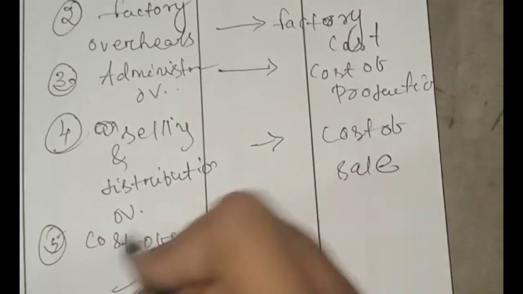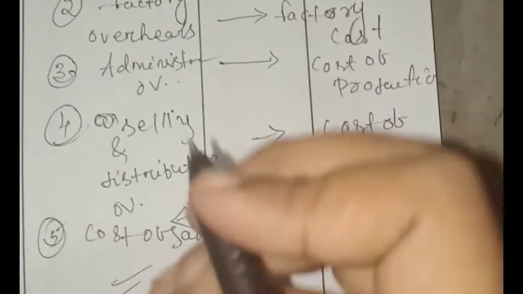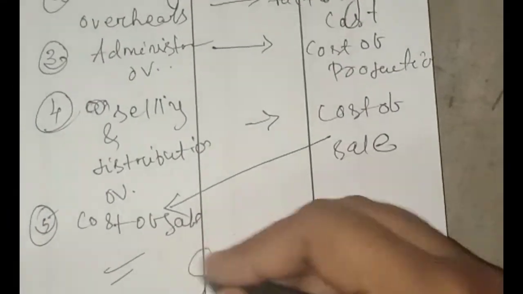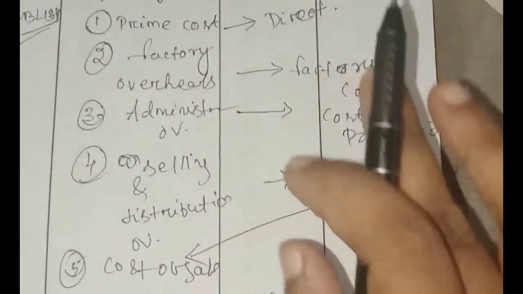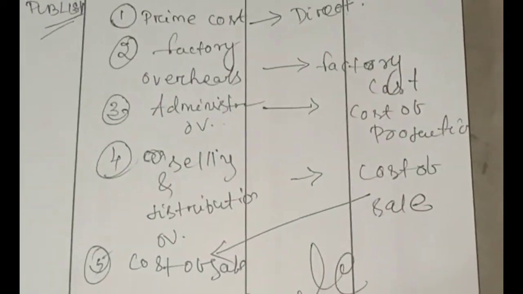And finally, after writing cost of sale, we know our final sale, which is why we make this cost sheet. Got all the points? So now go to the question.